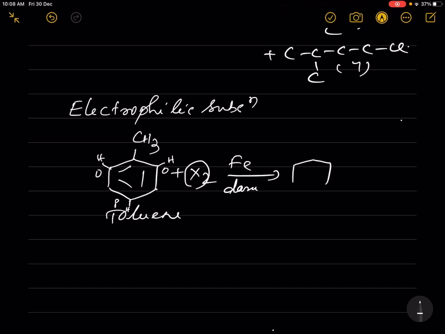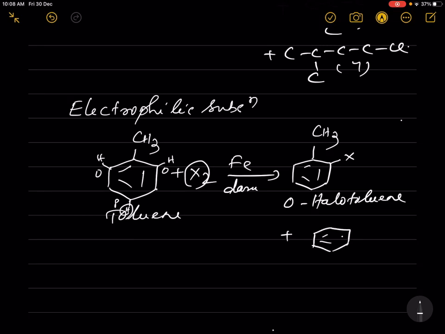So here we can get ortho-halotoluene. If it is at para position, we will get para-halotoluene, ortho-halotoluene and para-halotoluene, along with HX.